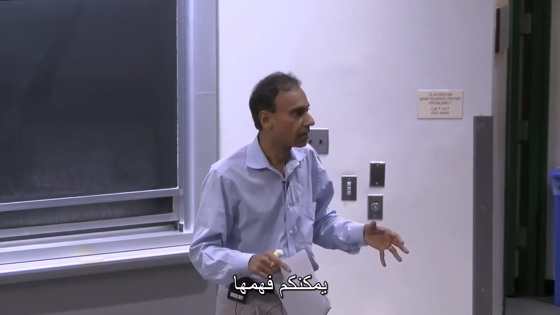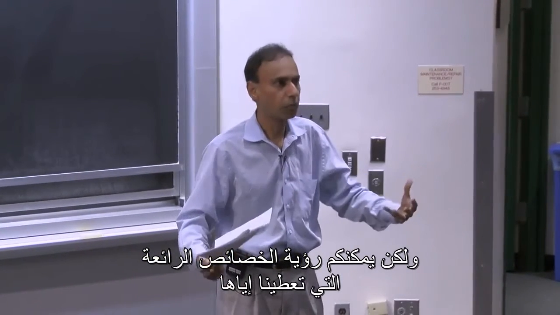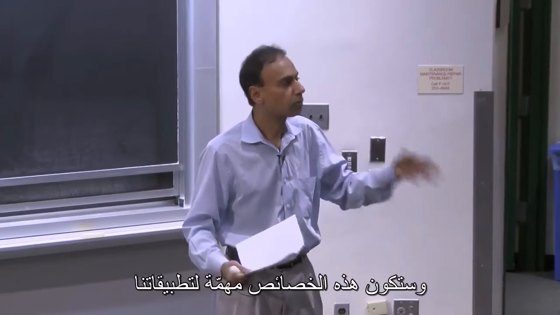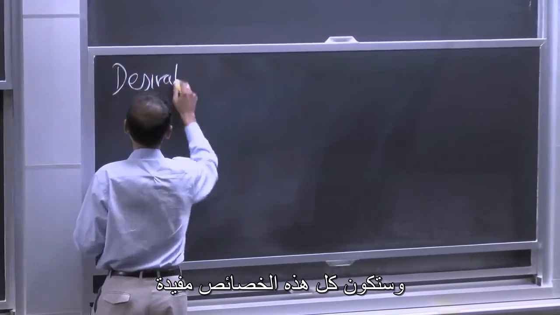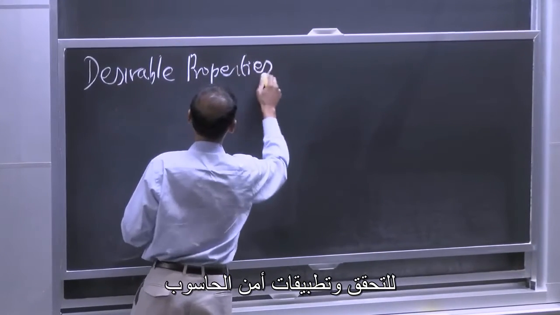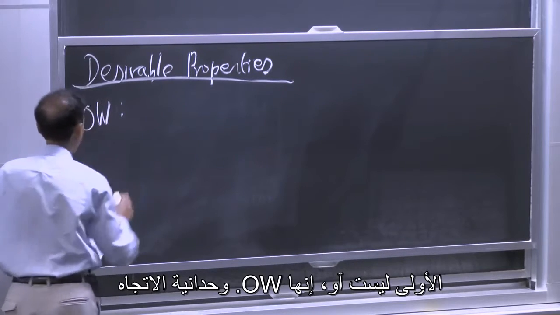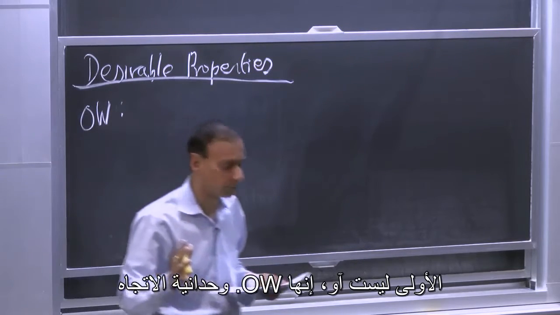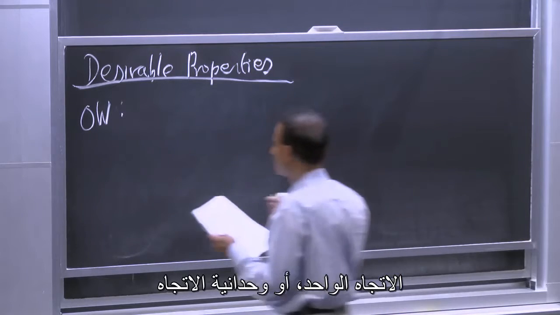You can understand it, you can implement it, but now you can see what wonderful properties it gives you, and these properties are going to be important for our applications. Okay? And so let's get started with a bunch of different properties, and these are all properties that are going to be useful for verification or computer security applications. The first one, it's not OW, it's OW. It's one-wayness, right? So one-way or one-wayness.